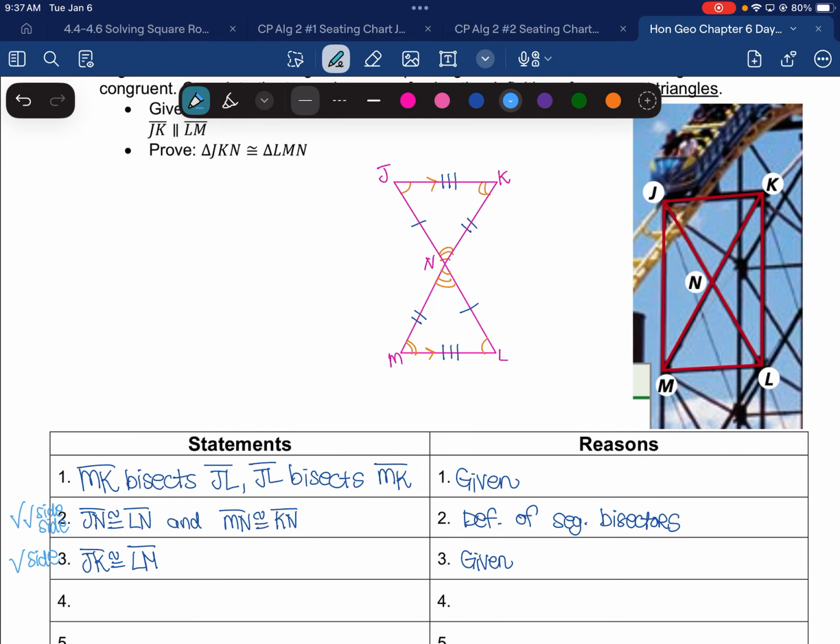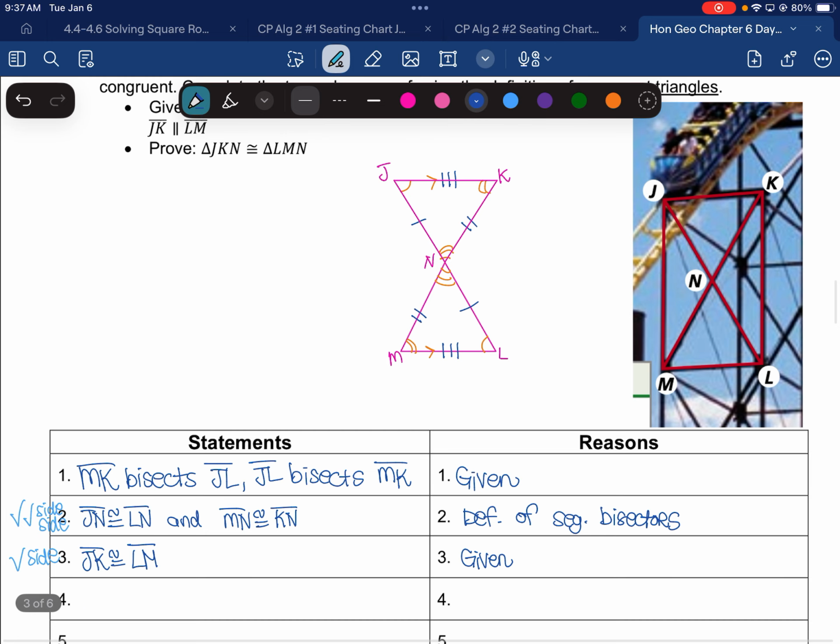Now remember, the check marks go next to what is congruent. Parallel does not mean congruent. So when I write that segment JK is parallel to segment LM, that doesn't get a check mark, right? That is going to help me mark congruent angles, but that doesn't tell me the congruent angles at this step.